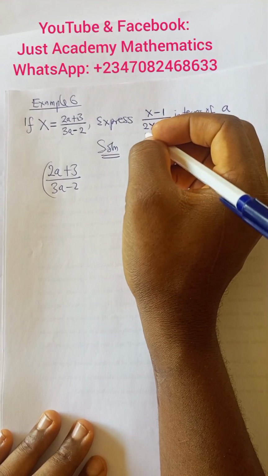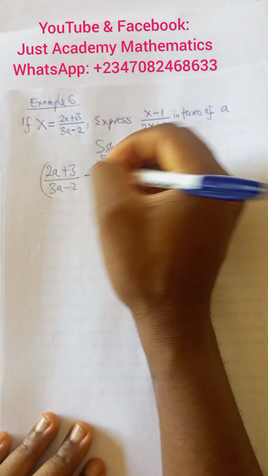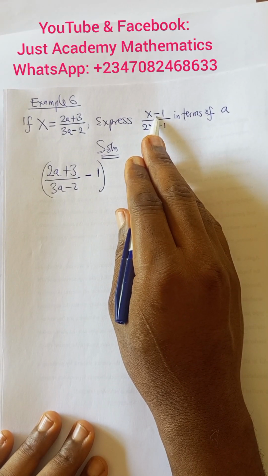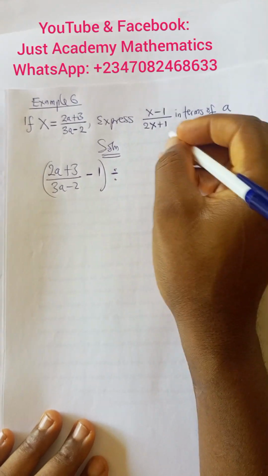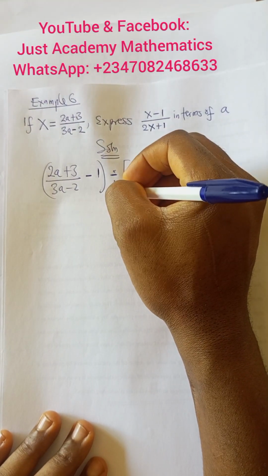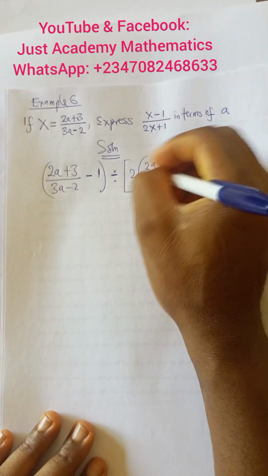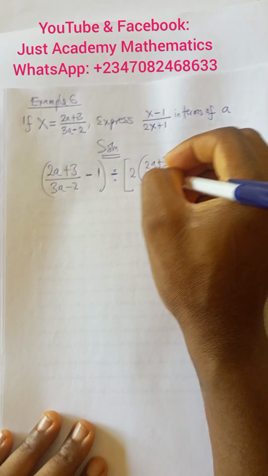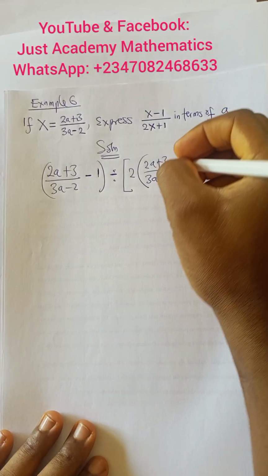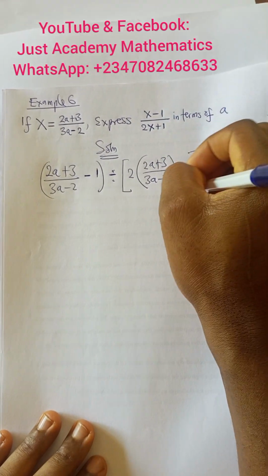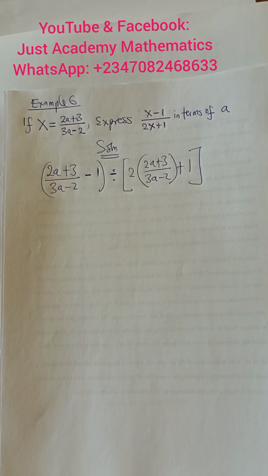That is x minus 1, that is the numerator, then divide by the denominator, which is 2 times x, 2a plus 3 over 3a minus 2, are you with me, plus 1. So this is the numerator, this is the denominator, and that is what we are solving for.